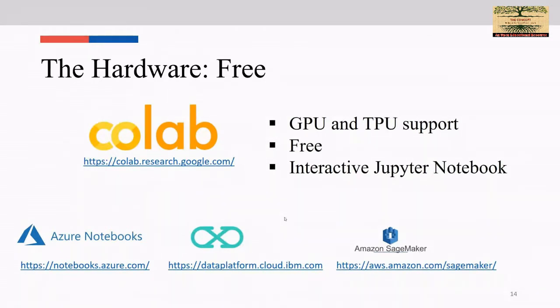What is Colab? Colab comes from collaborative work actually. So Colab is a free GPU and TPU supported environment provided by Google, where you can have hardware, GPU, and an interactive Jupyter notebook together, and you can write your code instantly.